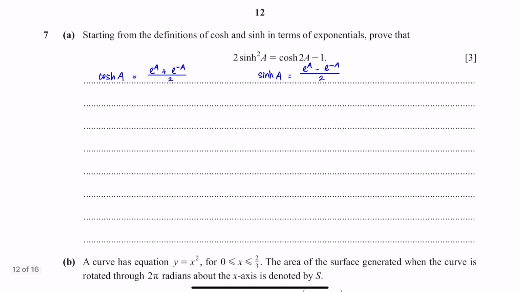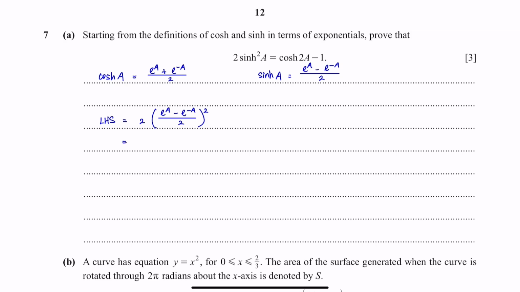So let's prove it from the left hand side. So left hand side we have 2 sinh squared a, right? So 2 times e to the a minus e to the negative a over 2, square the whole thing.